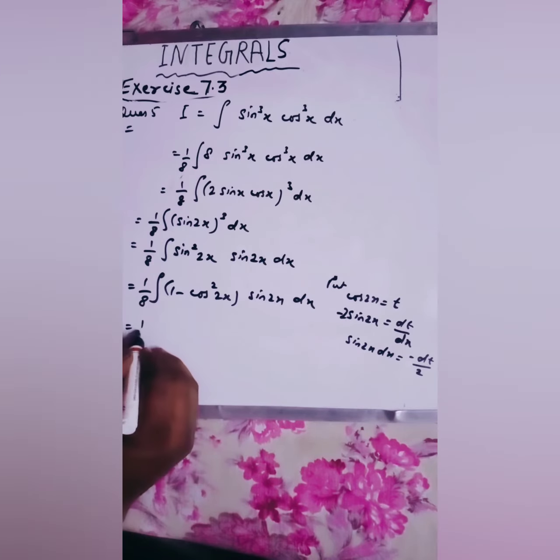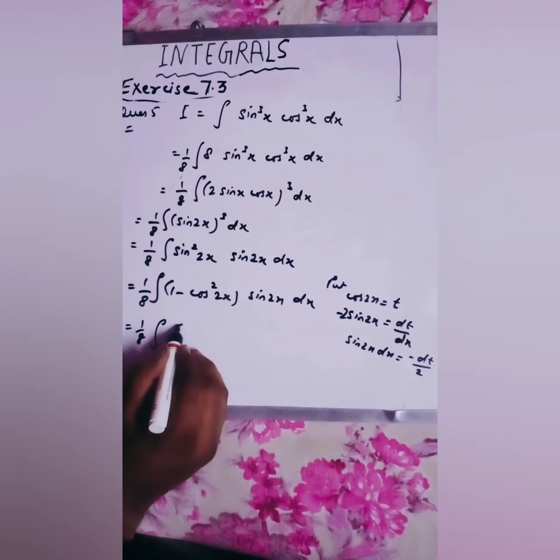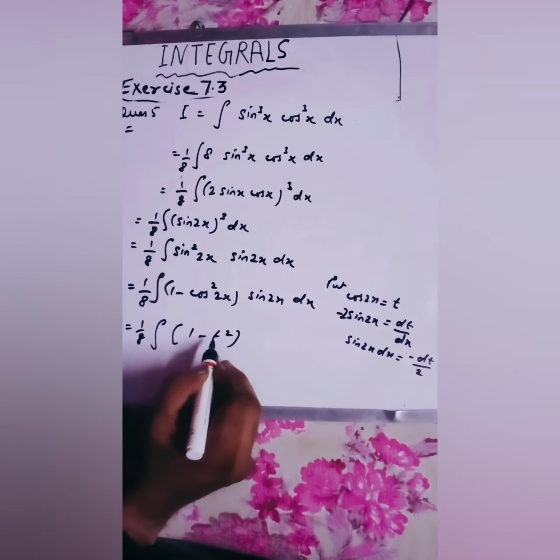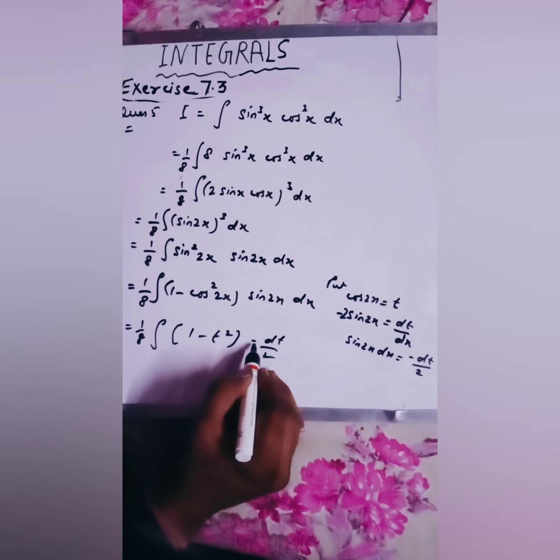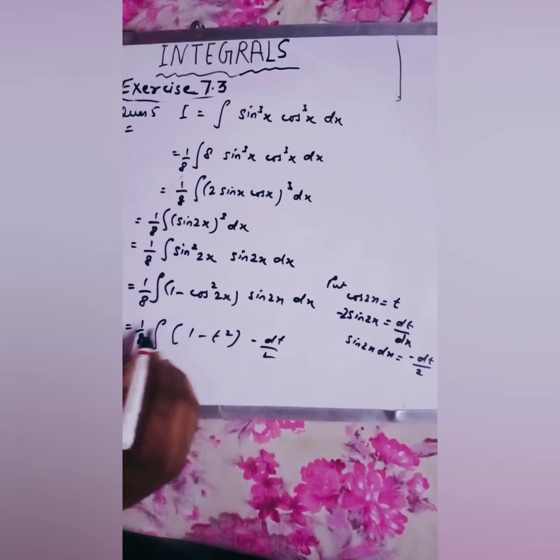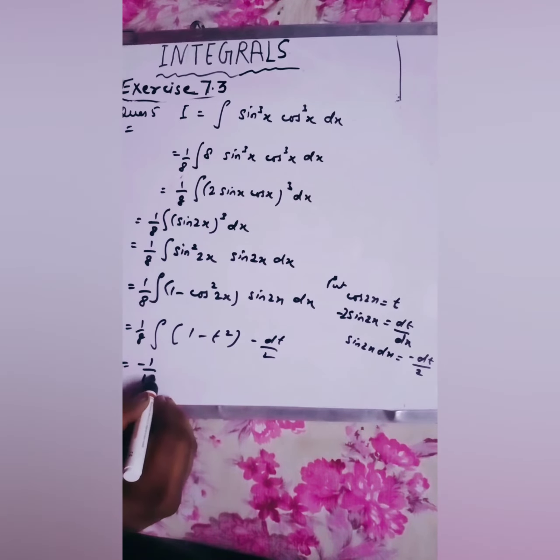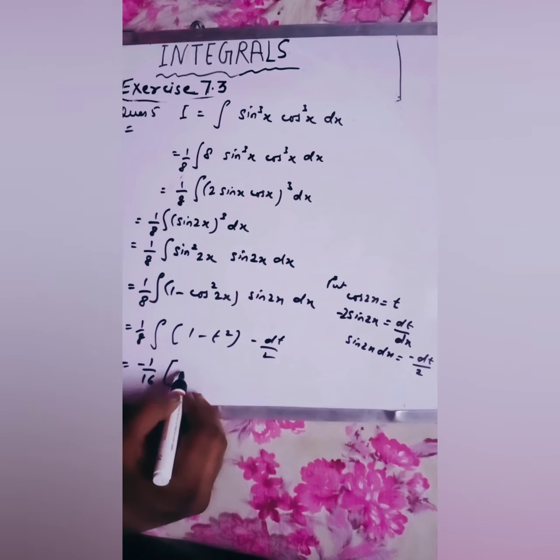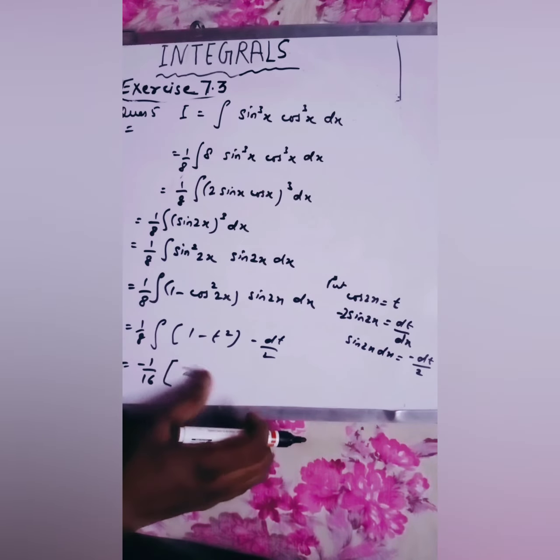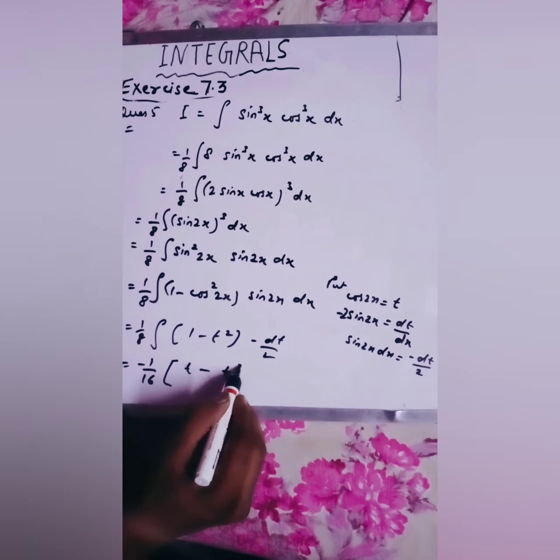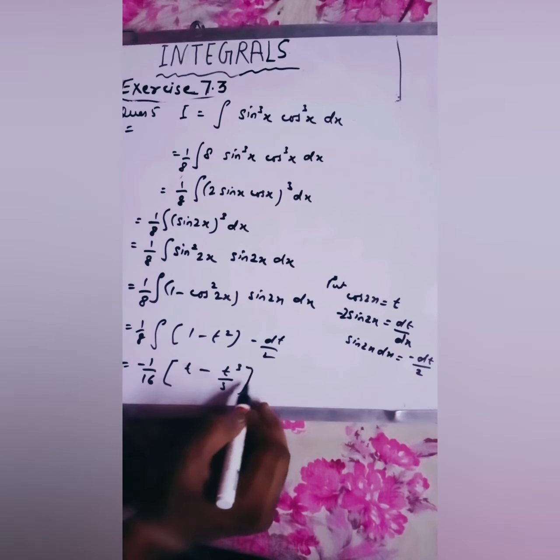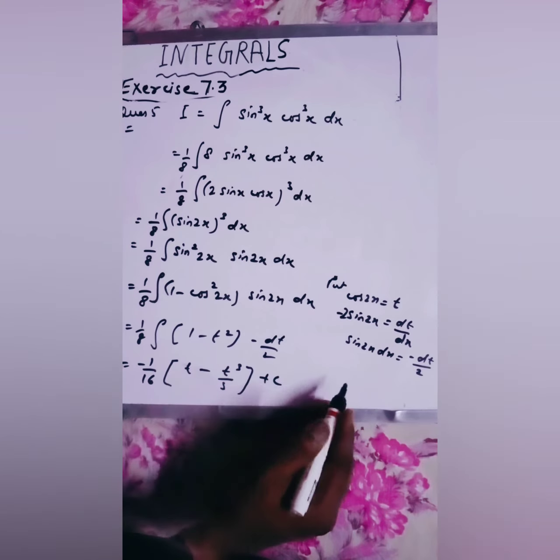So this would be 1 by 8 integral of 1 minus t square, and this would be minus dt by 2. Minus 1 by 2 you have to shift outside, that would be minus 1 by 16 bracket integral of 1, that would be t, minus t cube by 3, plus c.